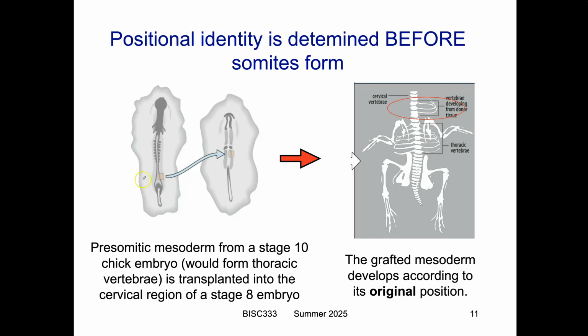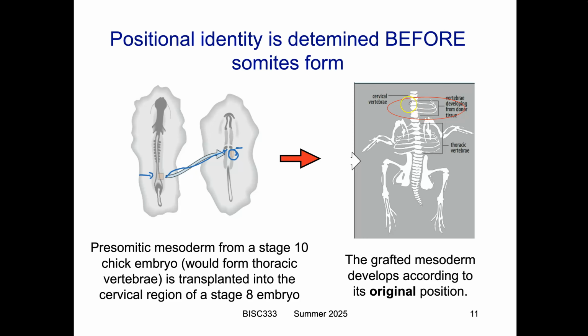Okay, and so if we take from an older embryo the presomitic mesoderm, you've already got a bunch of somites that have formed here, and then you transplant it into a much earlier stage right behind the first pair of somites. Then what you will find, and notice this is only transplanted on one side, because that way you can tell if it makes a difference, because the somite on this side should be forming the correct structure, right?